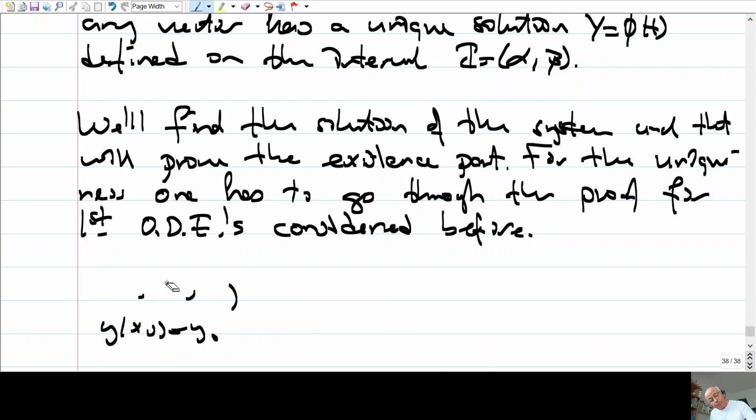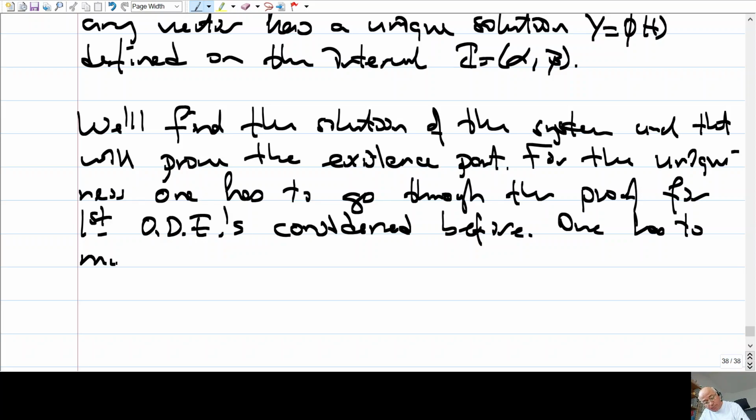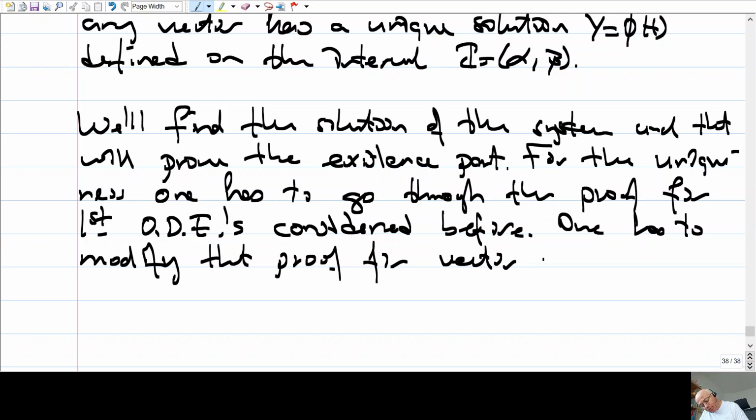Okay. Şöyle diyeyim. One has to modify that proof for vector valued equations.